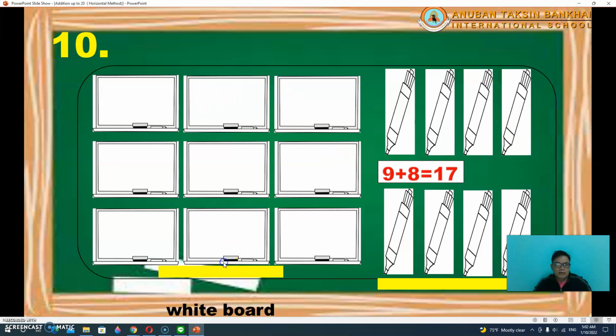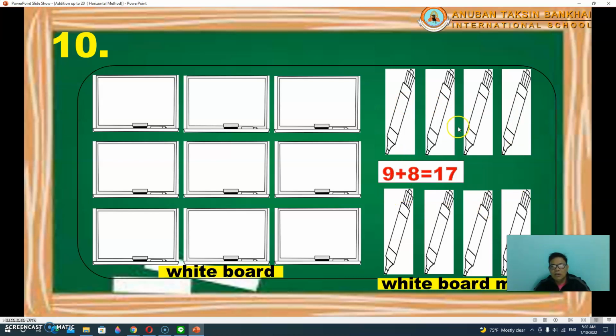What are these? These are whiteboards. How many whiteboards are there? 1, 2, 3, up to 9. Okay, 9 whiteboards. Plus, what are they? These are whiteboard markers. Let us count. How many? 1, 2, 3, up to 8.